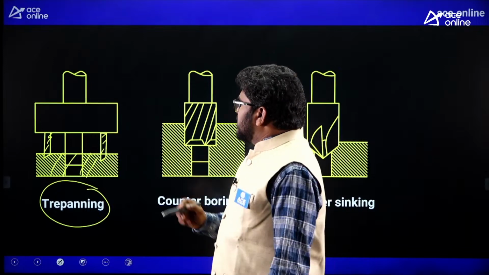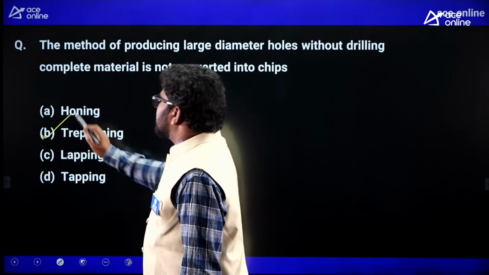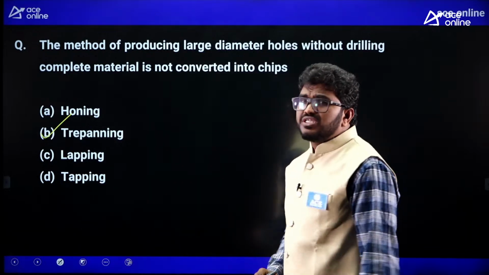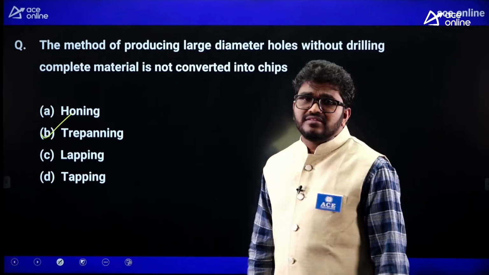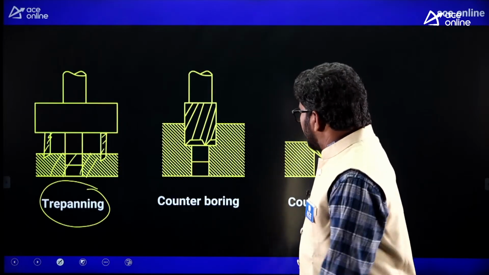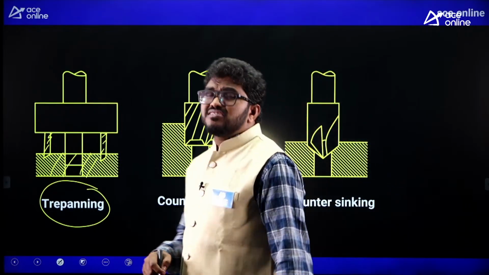So trepanning is the correct answer for this question. So B is the correct answer. Method of producing large diameter holes without drilling complete material, that is trepanning. Counter boring means enlarging the hole. Counter sinking means making tapered sections of holes.